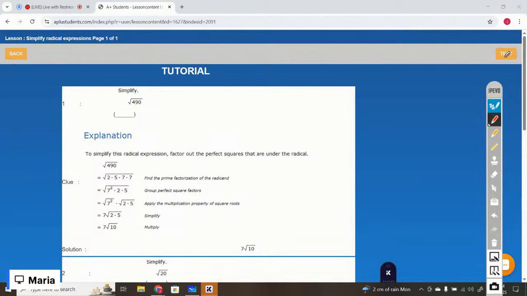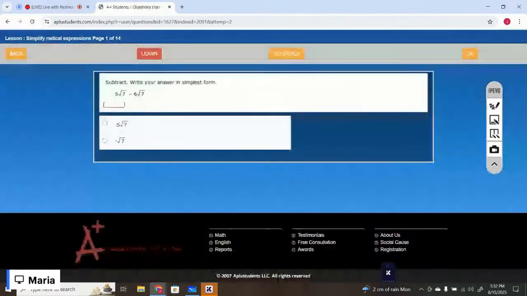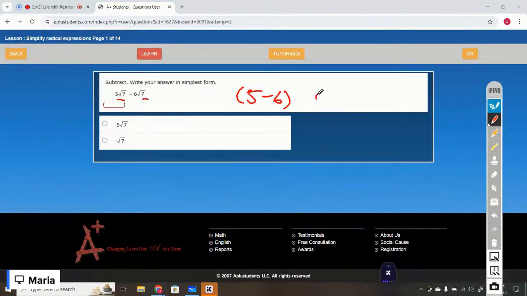Let's just start with the test questions. Subtract 5 square root 7 minus 6 square root 7. So just treat square root 7 as a variable. They are like terms. You can do 5 minus 6 and square root 7.